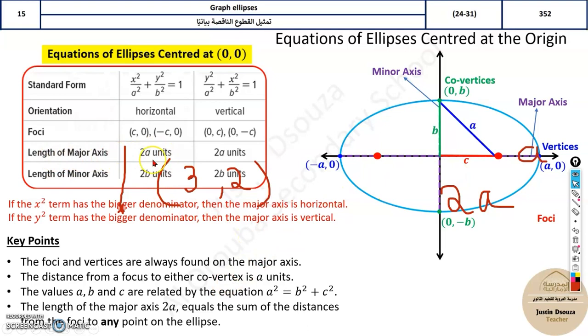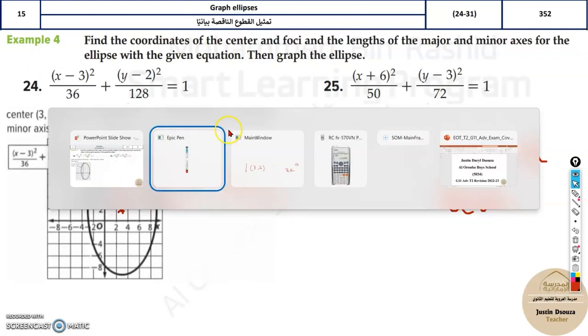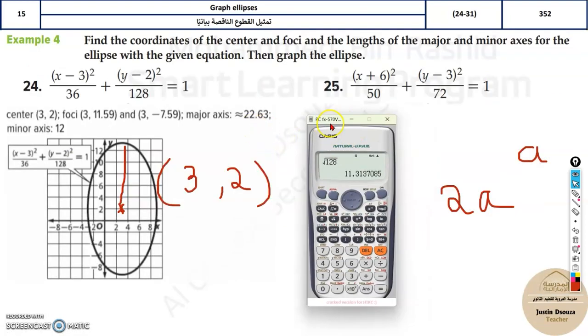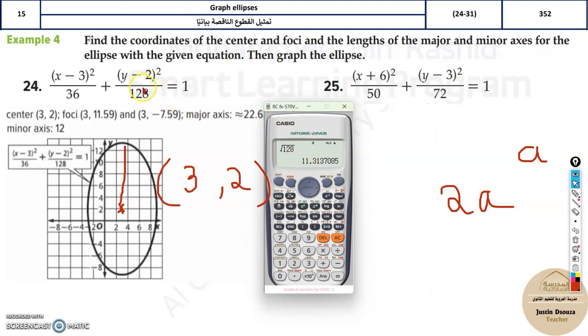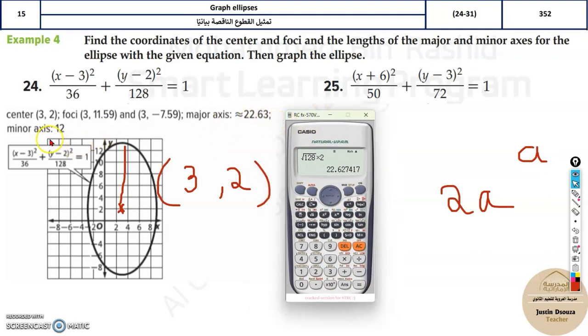See, the length of the major axis is always 2 times a. It is not just a. The major axis is the entire length from here, not only to the center, the entire one. So it's 2a. Minor is 2b. So if they ask you for the major or the minor, all you need to do is take the square root of the bigger value and multiply it by 2. Because this is a multiplied by 2, you will get 22.62. That is the major axis. The minor axis is similar. Root of 36 is 6. 6 multiplied by 2 is 12.